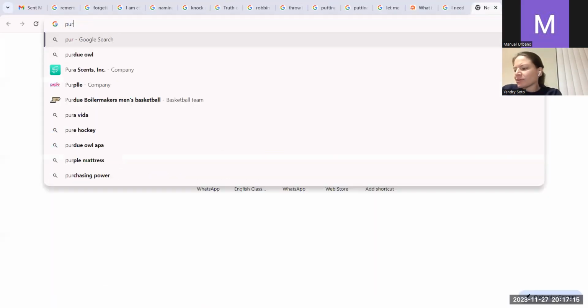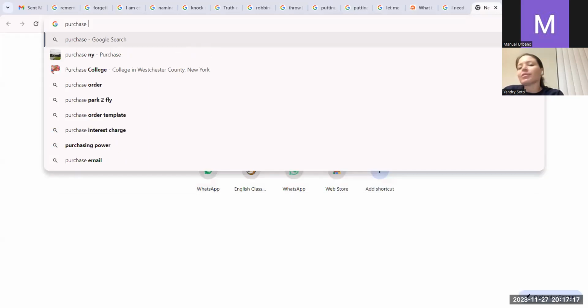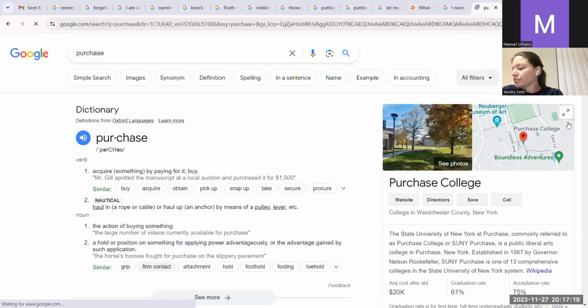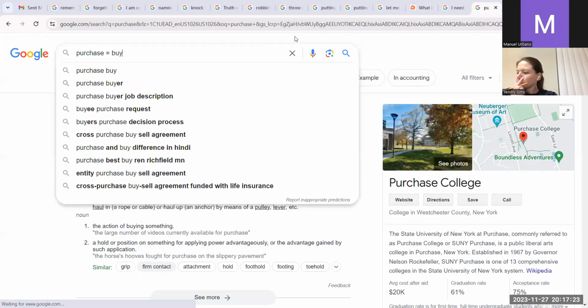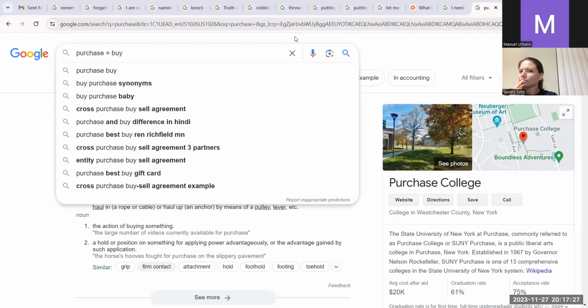Remember, purchase can be a synonym of buy. It can be the same.